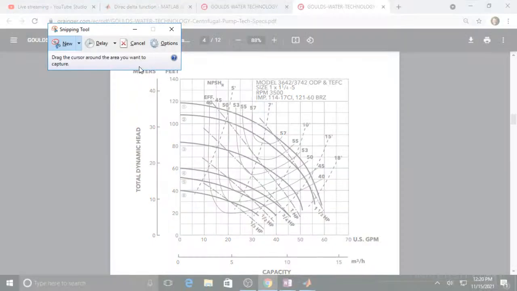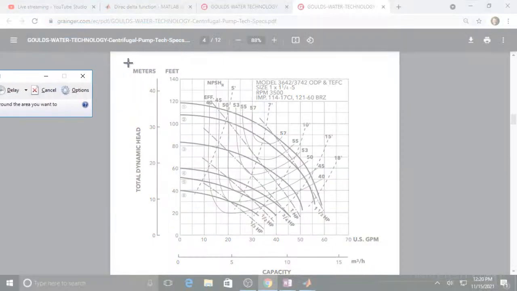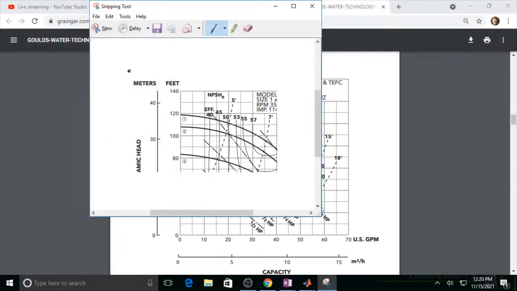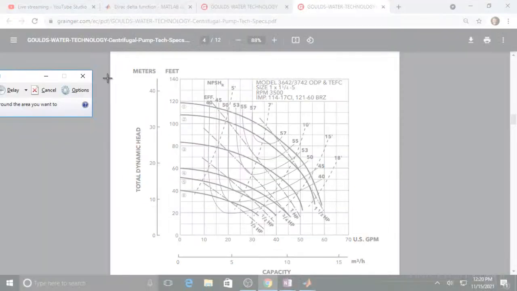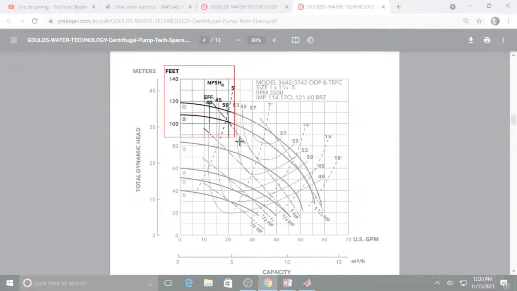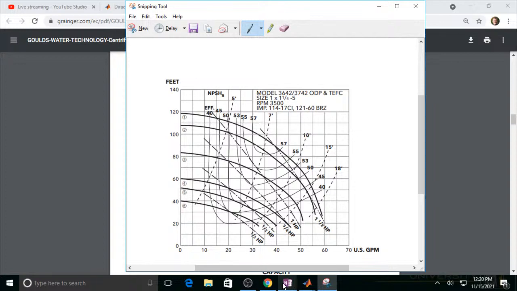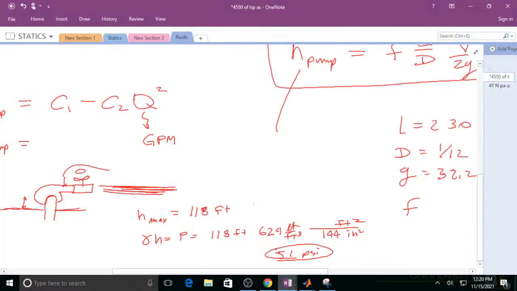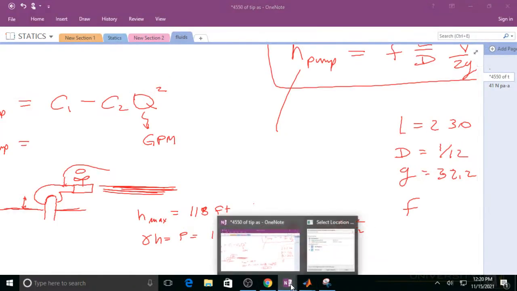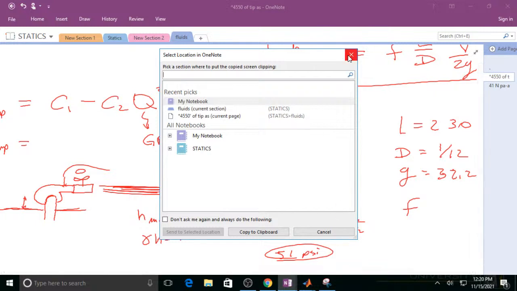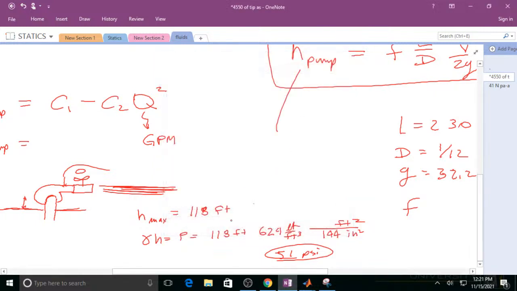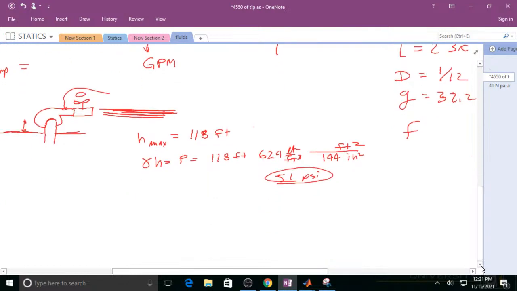Actually, you know what? I don't need the meters. So I can just grab the feet and the gallons. I'll drop it in here.